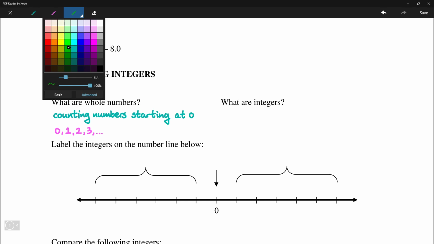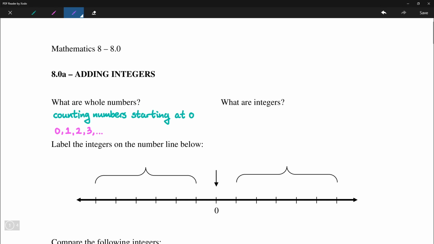Now integers are positive and negative counting numbers, and of course also 0.